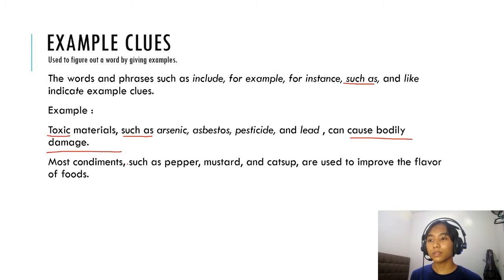Most condiments such as pepper, mustard, and ketchup are used to improve the flavor of foods. So for condiments, the clues are such as, and used to improve the flavor of foods. So condiments are materials that are used to improve the flavor of foods.